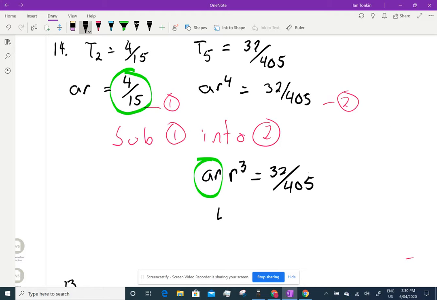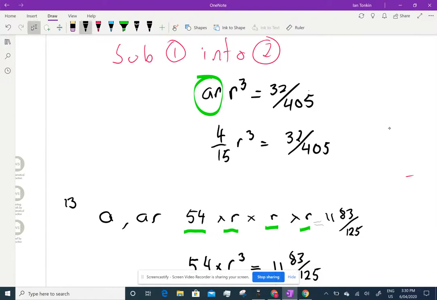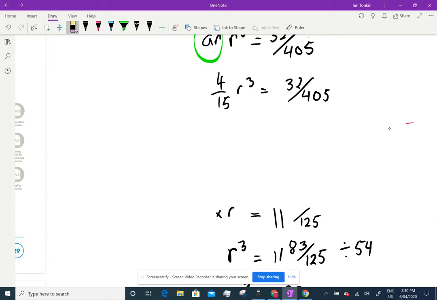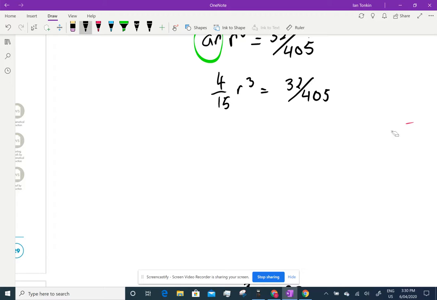So 4 on 15 R cubed equals 32 on 405. So I'm now going to multiply the 15 across and divide by the 4. So R cubed equals 32 on 405 times, I'm going to divide by the 4 and multiply by the 15.